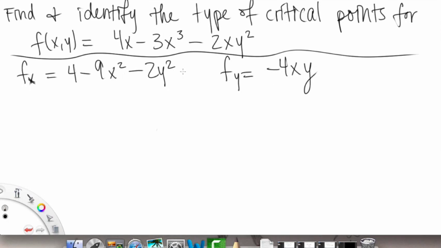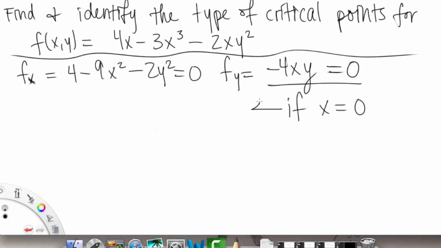So what we want now is for both of these equations to equal 0 at the same time. Looking at the equation on the right side, our x could equal 0 or our y could equal 0. If x equals 0, then we have 4 minus 9 times 0 squared minus 2y squared equal to 0.